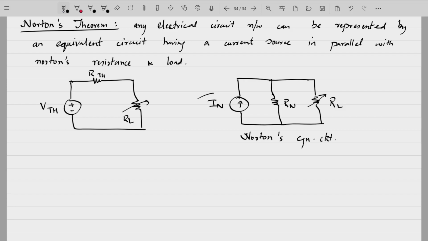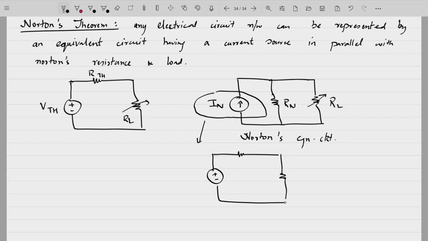If we simply use the source transformation of the Norton's equivalent circuit, we'll convert this current source into a voltage source.